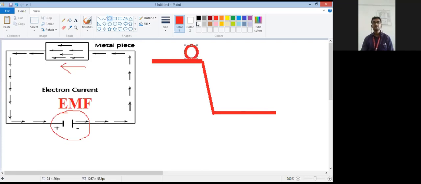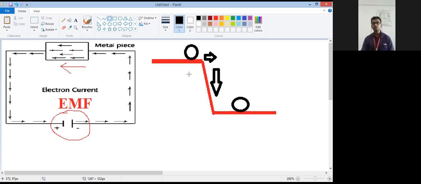If you place a rolling ball over here, this rolling ball will follow this path, and then finally this rolling ball will be here.